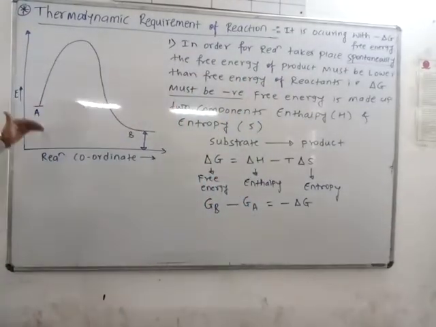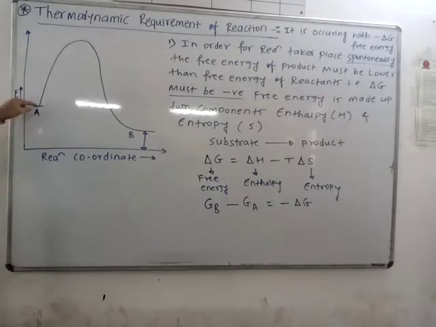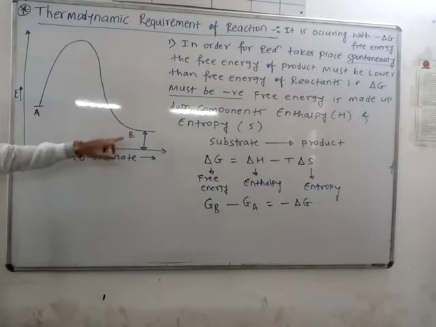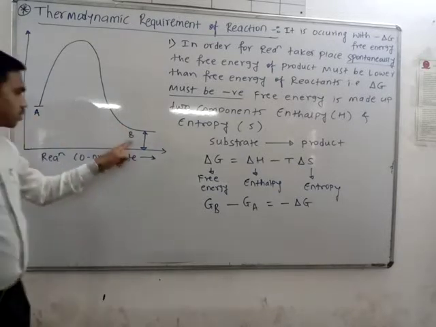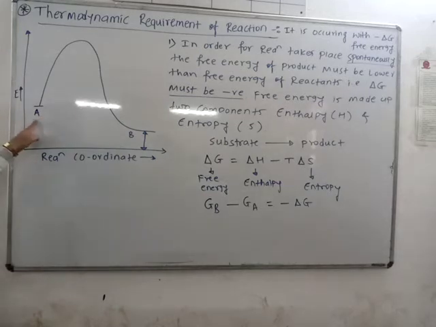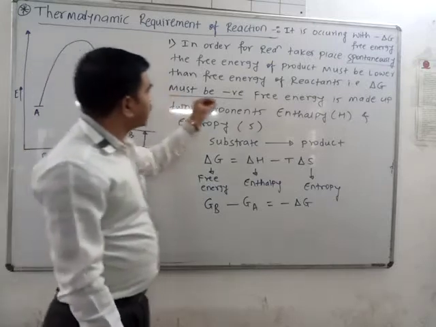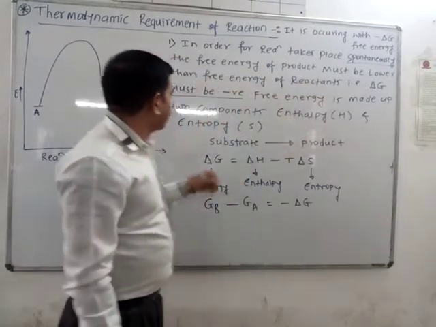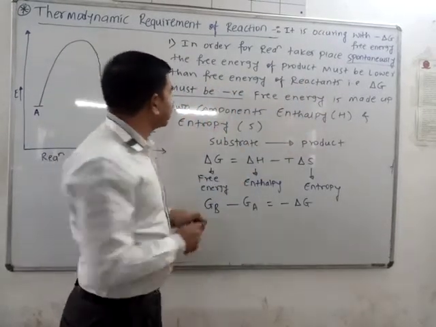You can see here, A is the reactant, the reaction starts, and it is converted into P. This is the reactant, this is the product, so the energy of the product is lower than the energy of the reactant, that is, delta G must be negative.